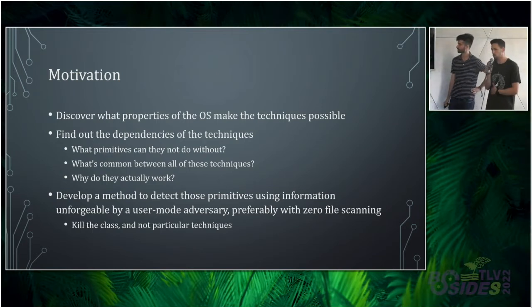So we want to find out which dependencies and which primitives they are using inside the OS to actually understand how they work. And once we find all the common ground and all the primitives they are actually using, hopefully we can build a robust detection mechanism that allows us to detect those anomalies and hopefully break the entire class and not just those techniques.